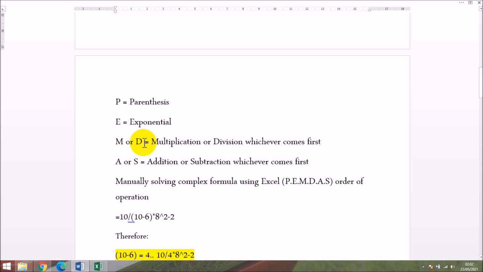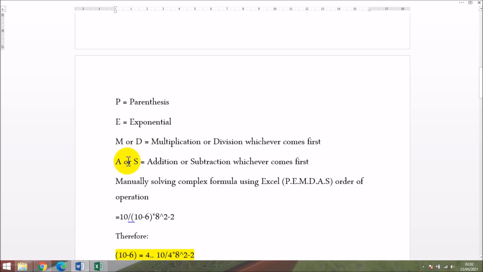Now multiplication or division are on the same level. What this means is that if you have a formula that contains multiplication and division, from the left hand side, whichever comes first is going to be done first, then the other one second. So if multiplication comes first from the left hand side, multiplication is going to be calculated first, then division.